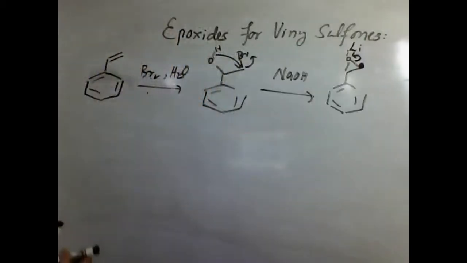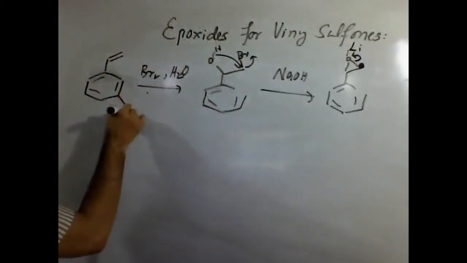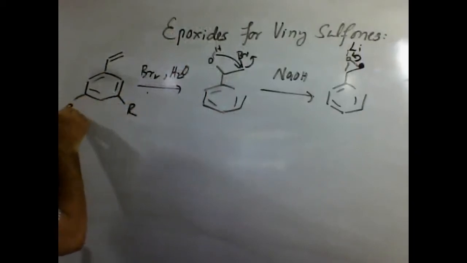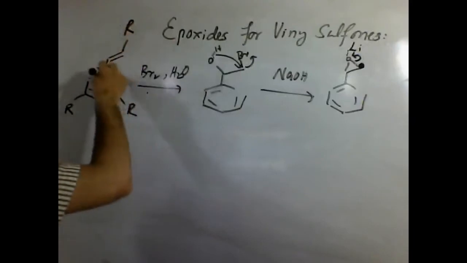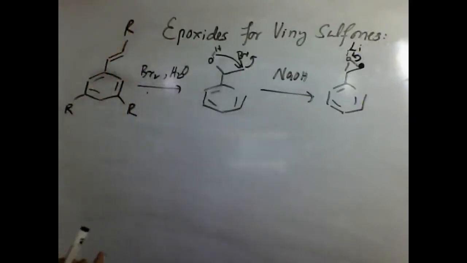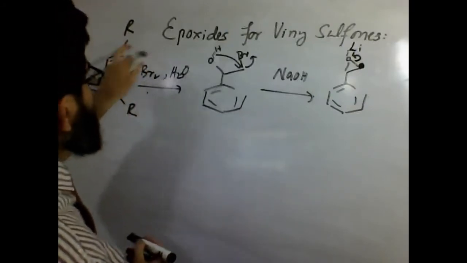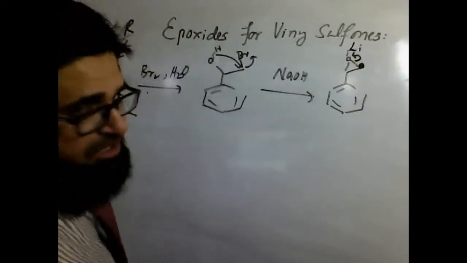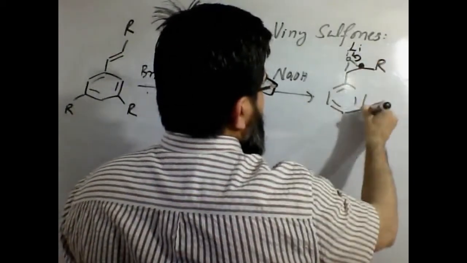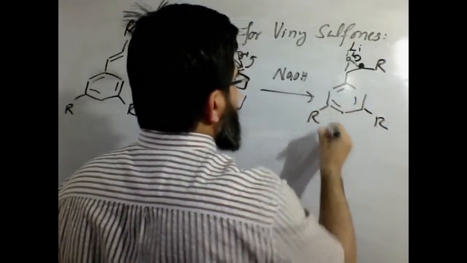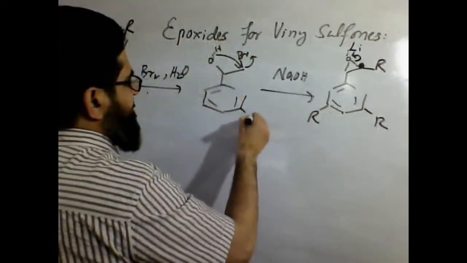Again, many different substituents can be part of the aromatic ring. Similarly, some substituents can also be present on the alkene moiety. If those substituents are present, they will keep moving through to the end in the products as well.